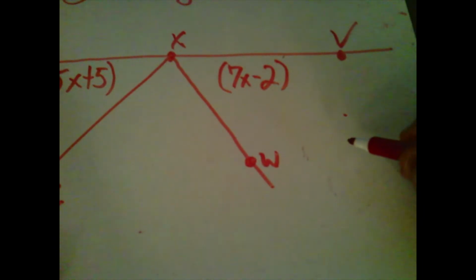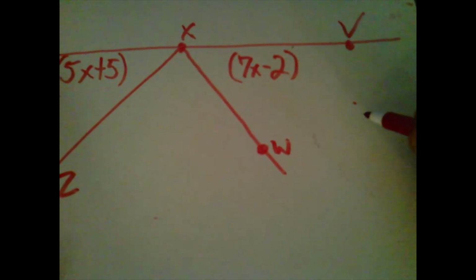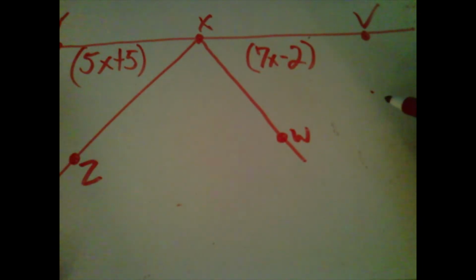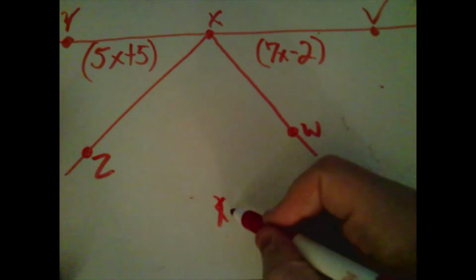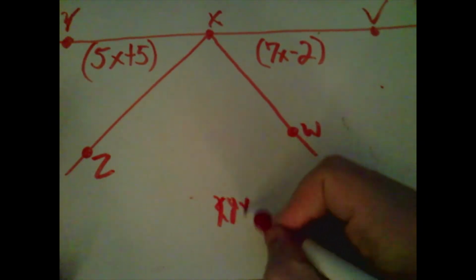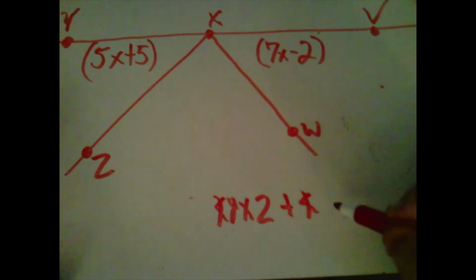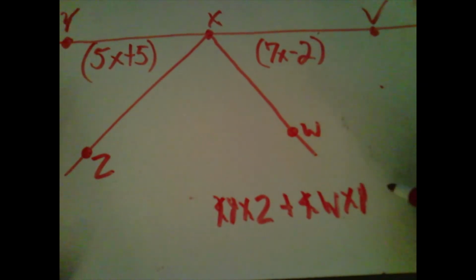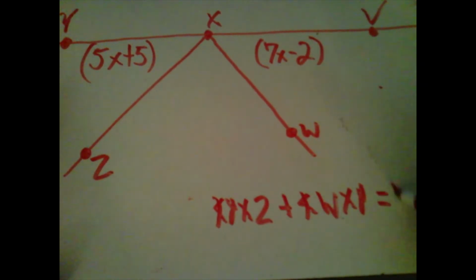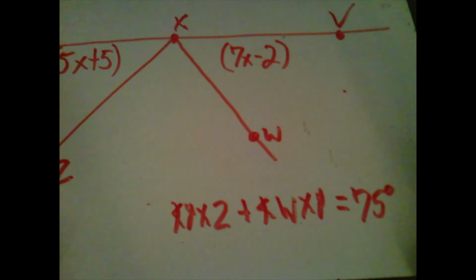Let's get started. From the problem, we know that the sum of the measures of angle YXZ plus, because it's the sum, angle WXY is equal to 75 degrees. All right? Let's first identify these angles.